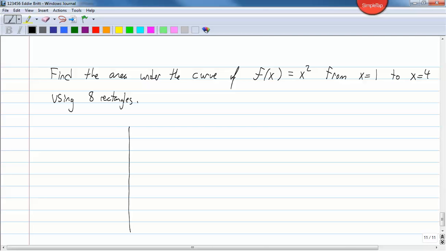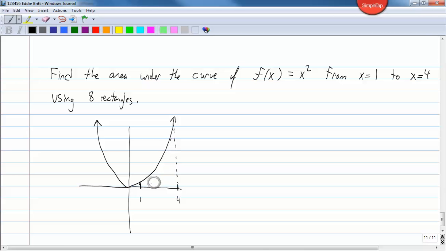So here's a real rough sketch of y equals x squared. You know, as x gets larger, that gets larger pretty quick. And it is parabolic. But if I'm going from, not from 0, but say like here at 1 to say 4, then what I'm getting would be the area of this space in here, under the curve and above the x-axis.